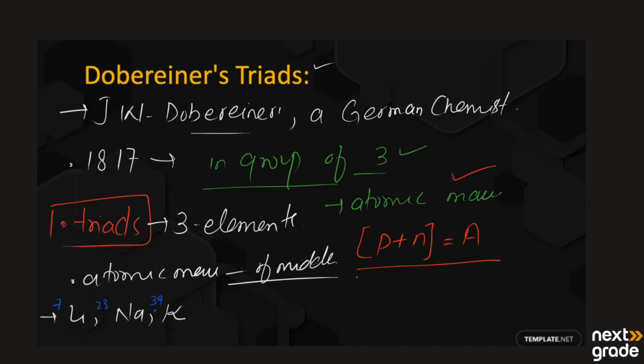He said that the middle element has a mass number equal to the arithmetic mean of the other two elements.